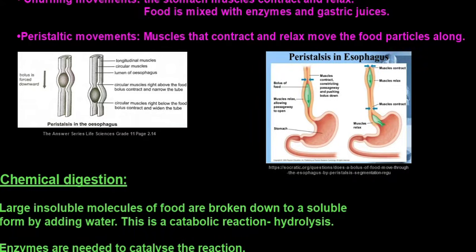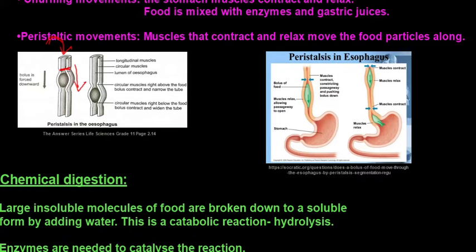Just looking at these two diagrams, this is a very basic diagram showing a peristaltic movement. This is from the Answer Series Grade 11 Life Sciences, and it's on page 2.14. As you swallow the bolus, as the food goes down from the mouth, the muscles behind the bolus constrict, and when they do that, they push the bolus down the esophagus.